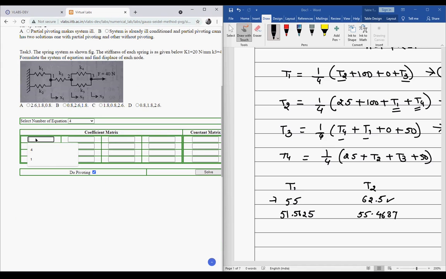So you can continue in this fashion to get all the values until it converges.